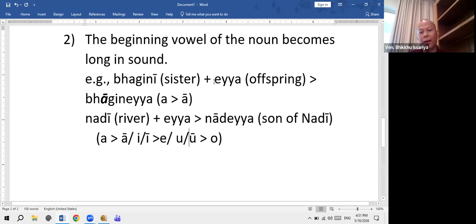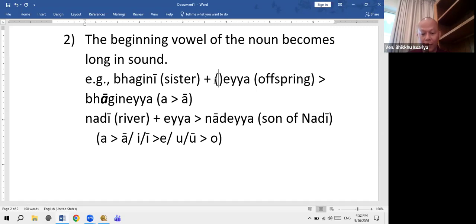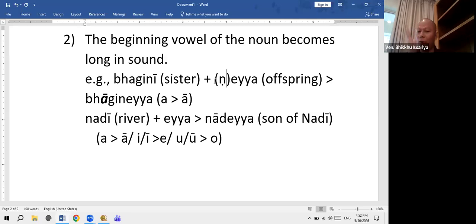For example, in grammar, we put such a letter with this letter, but that is not included in the result, the dropping. When we see such a dot in that suffix, the beginning vowel of that word will be changed. If the suffix does not include such a sign, then the vowel change does not happen.